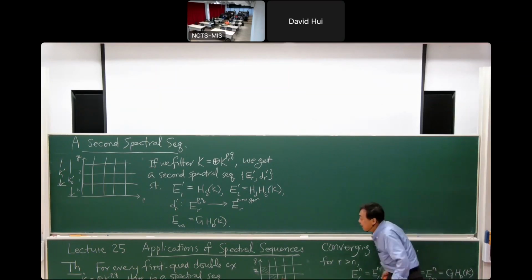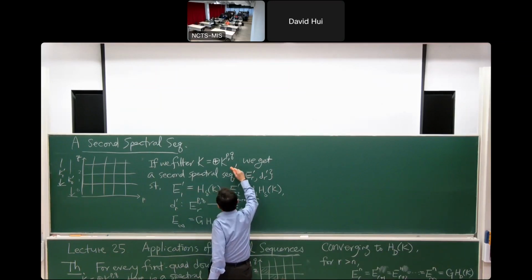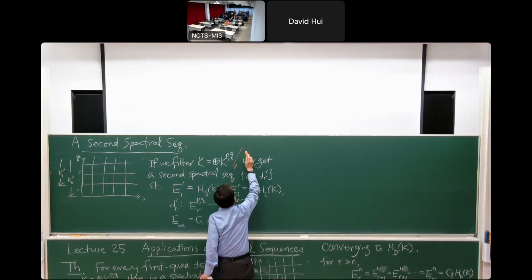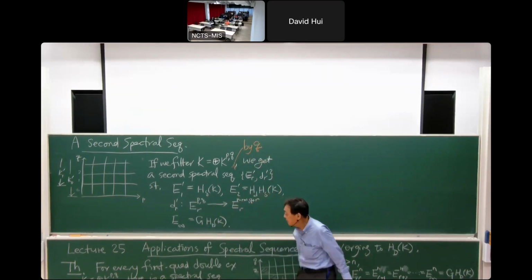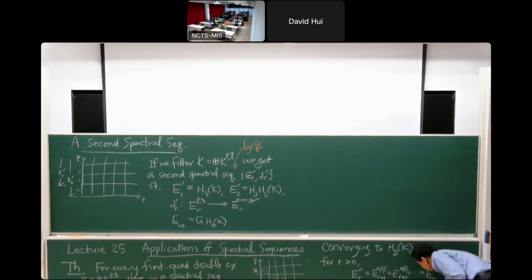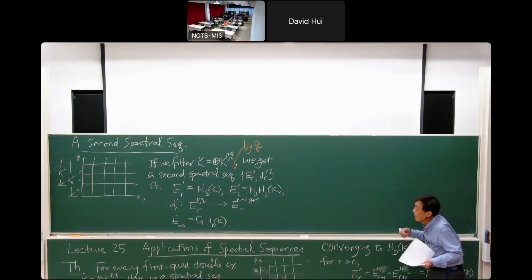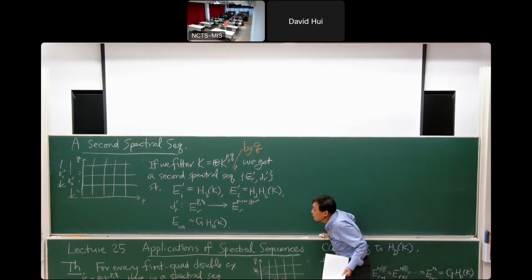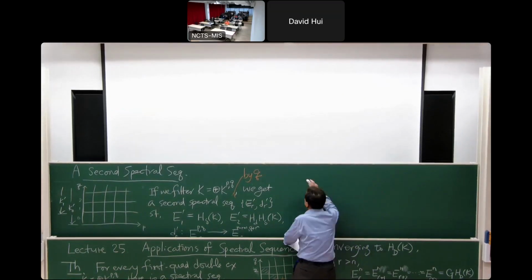We used to filter by P, and now if we filter K by Q, thank you, then we get the second spectral sequence. So now let's use the spectral sequence to prove the Čech-de Rham isomorphism.